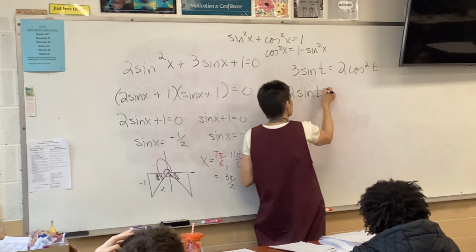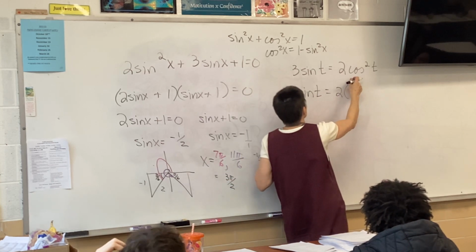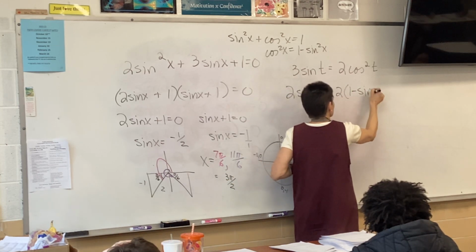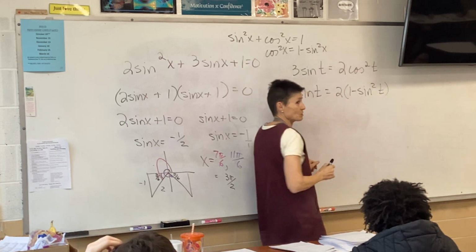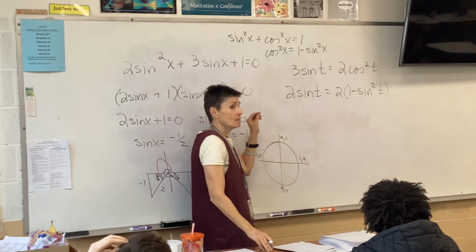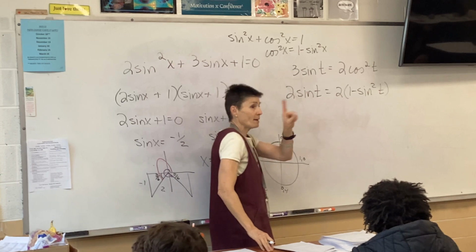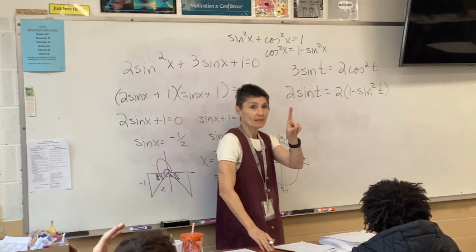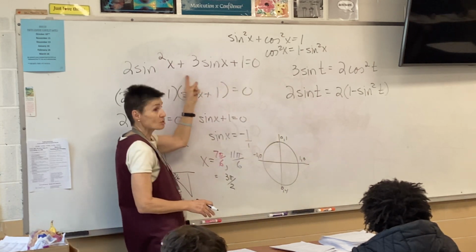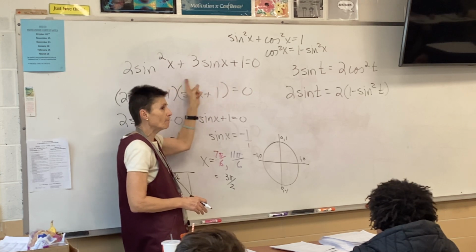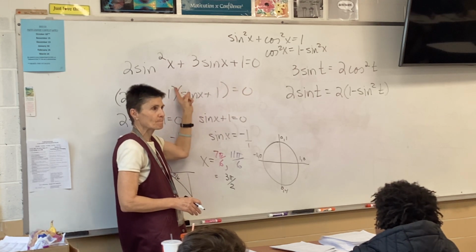Well, if I change my cosine squared into 1 minus sine squared, now my problem has one function in it, and doesn't it look a lot like this one? It's not cleaned up, but do you see a similarity there?